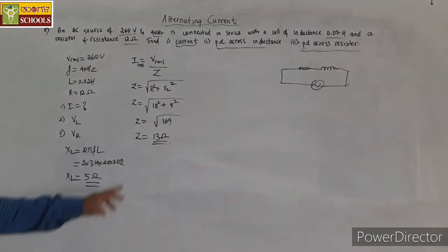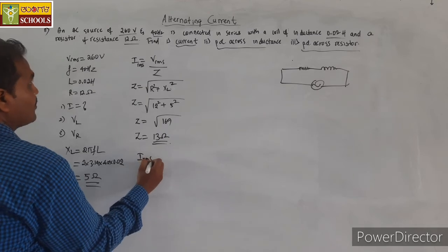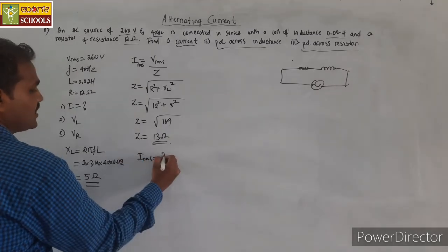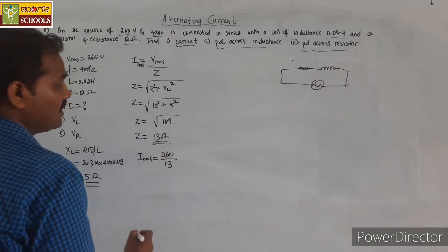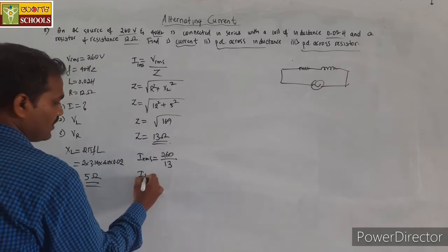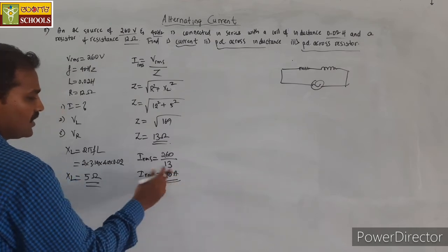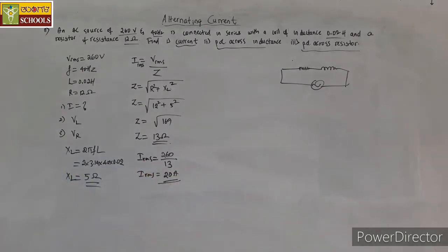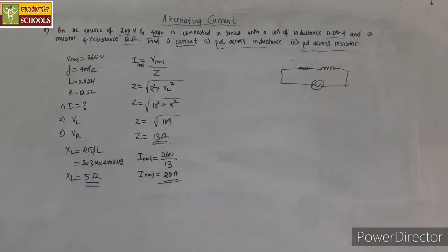So this will give me the impedance value, Z is equal to 13 ohm. By getting the value of Z, I can easily find the value of I RMS. I RMS is equal to V RMS, 260, divided by 13. So this will give me the value of current I RMS is equal to 20 amperes. 13 into 20 gives me 260. So the RMS value of the current is 20 amperes.